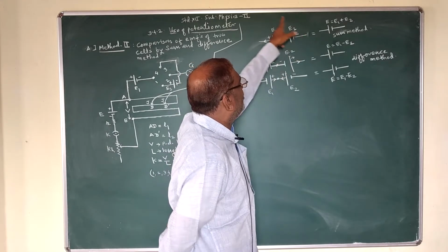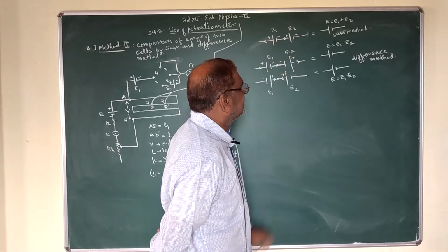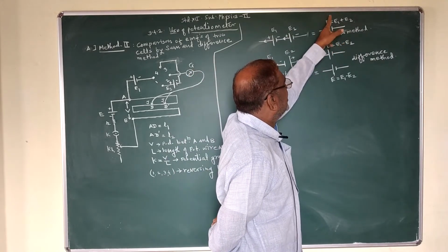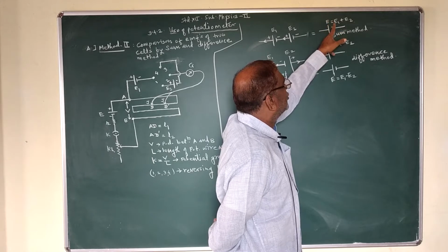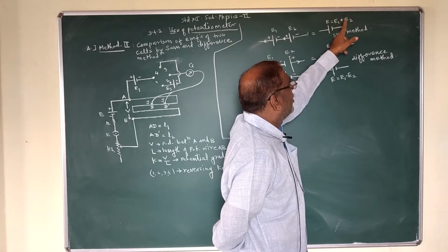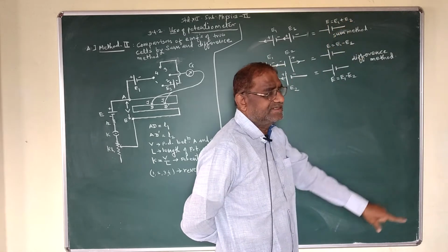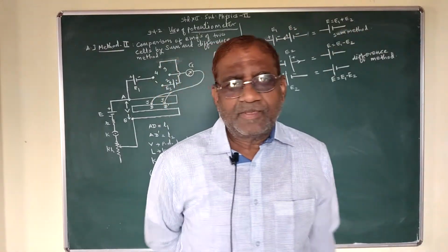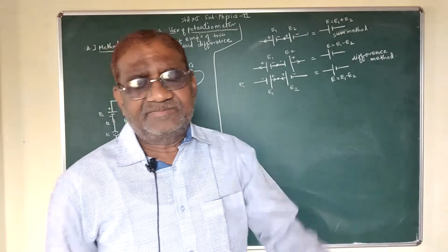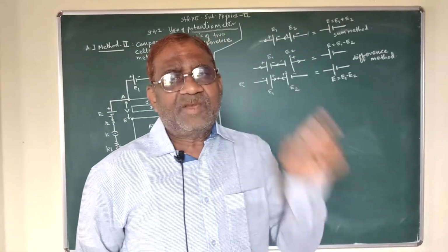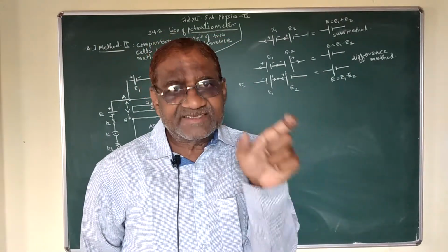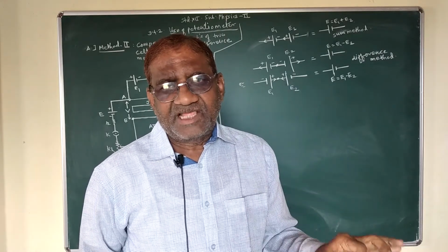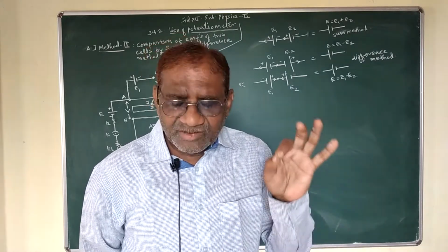Due to this combination, we get a new cell having EMF equal to the sum of EMF of two cells. Therefore, this method is called the sum method. In the sum method, the EMF of the resultant cell is always greater than the EMF of an individual cell.